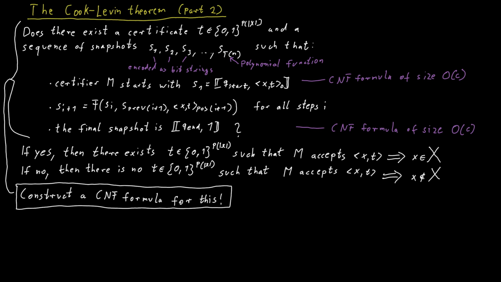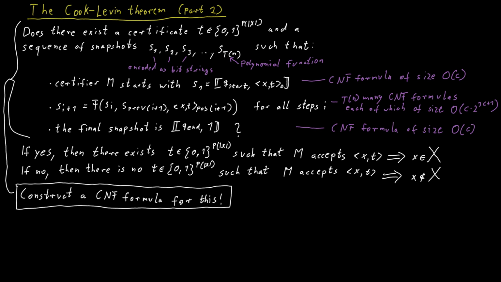So it's in the starting state and the first character x0, or for the last snapshot, it's in the terminating state and accepts. And then we need further T(n) minus 1 CNF formulas, each of which has constant size. Specifically, the size of these is in the order of c times 2 to the power of 2c plus 1. And if c is a constant, that is a constant.